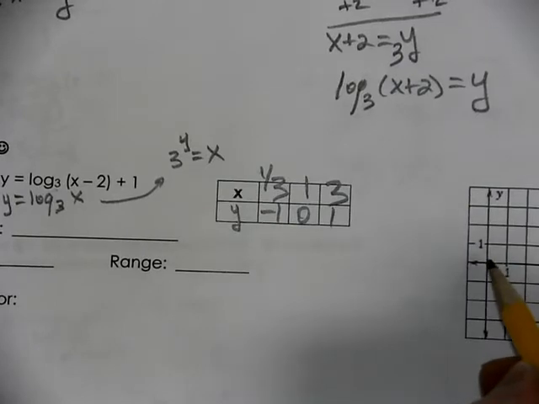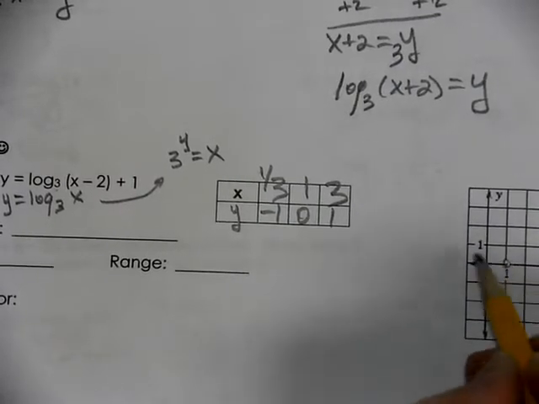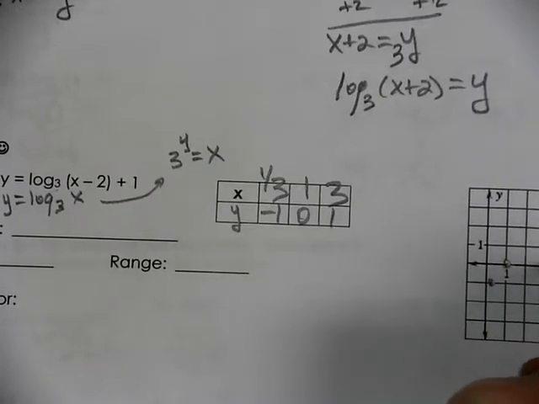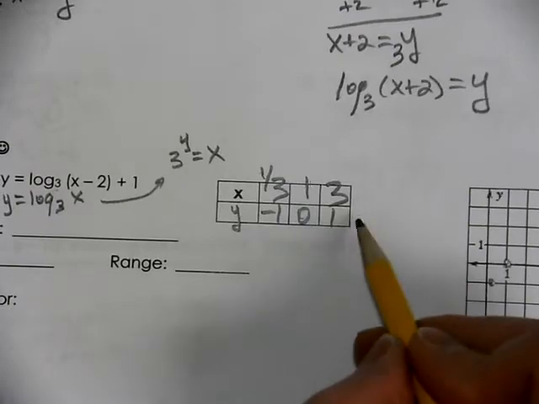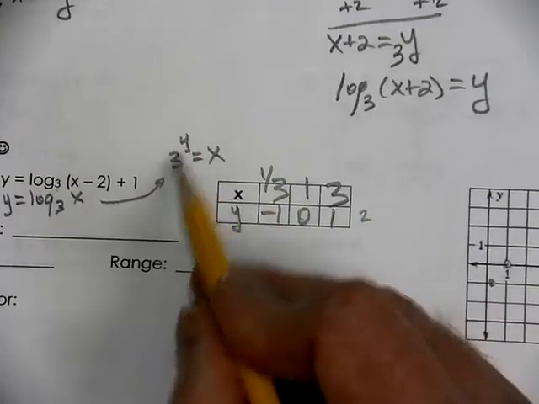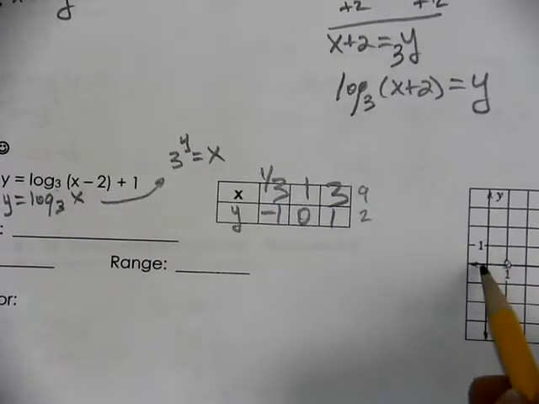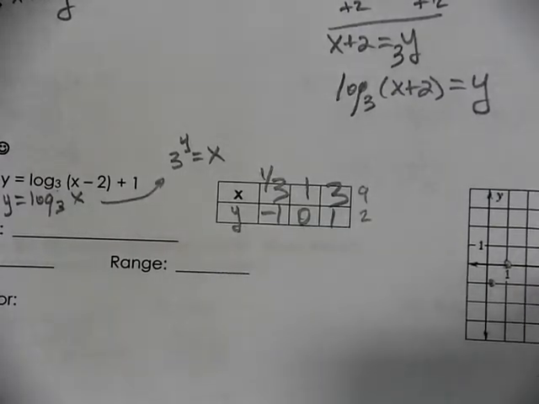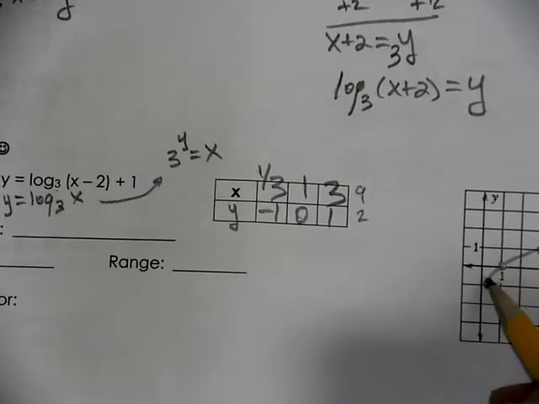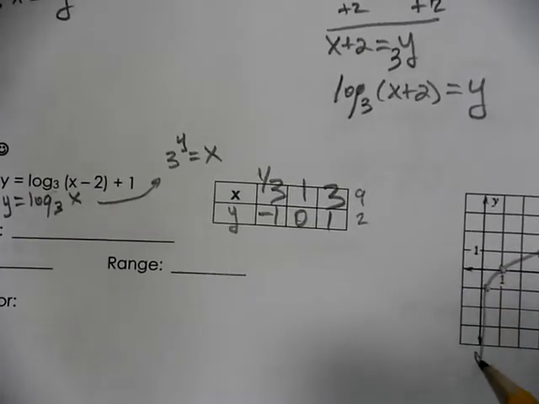So when x is 1/3, we're at -1. When it's 1, we're at 0. And when x is 3, we're up at 1. You could go farther. Plug a 2 in here, you get 9. So when x is 9, we're up at 2. Just to give you an idea where the graph is really heading.